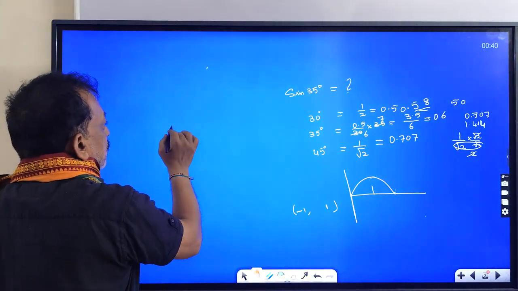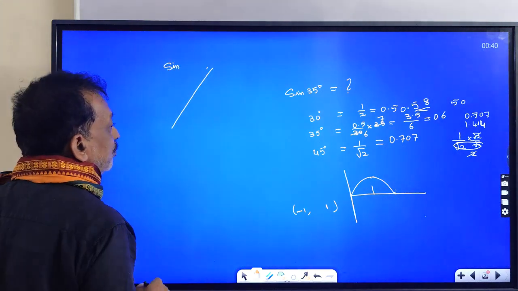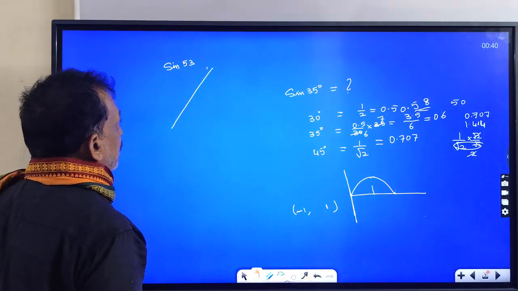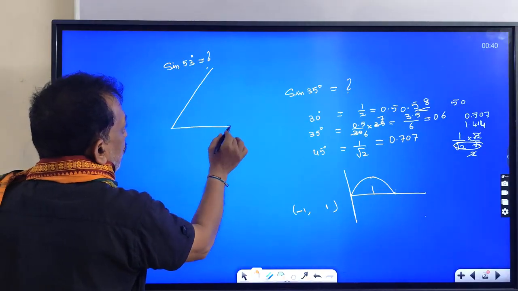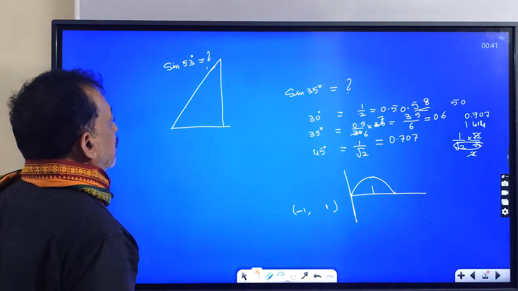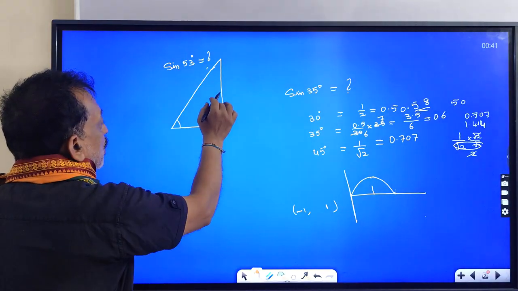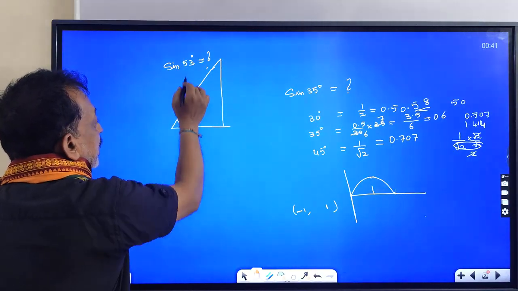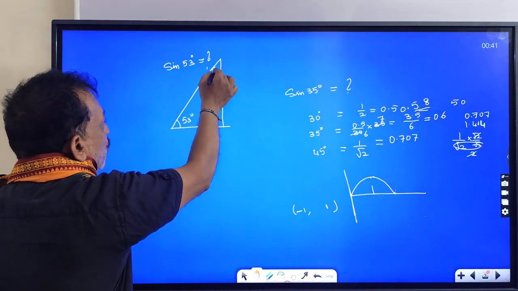Now they say sine 53. What is the sine 53 value? You can try to take a right angle triangle. If this angle is more, the slant side decreases. So I can take this as 53 degrees, less angle, more length.